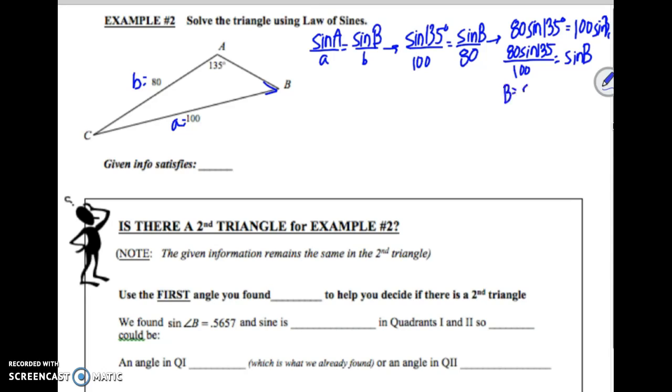So B equals sine inverse of 80 sine 135 divided by 100. And in our calculator, this is equal to 34.4 degrees. The measure of angle B is 34.4 degrees.